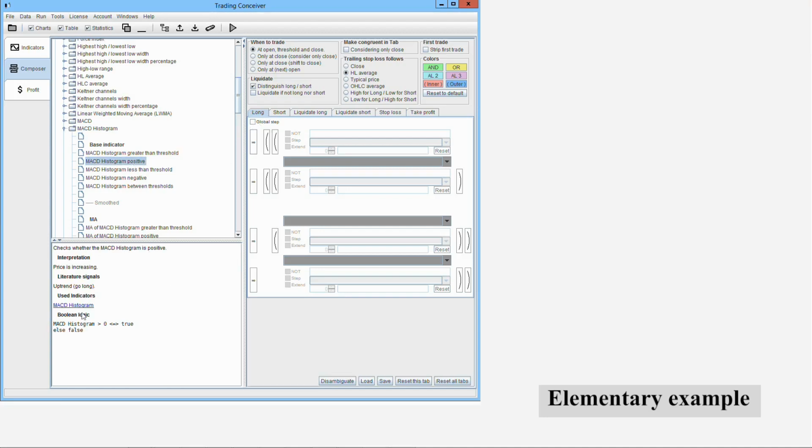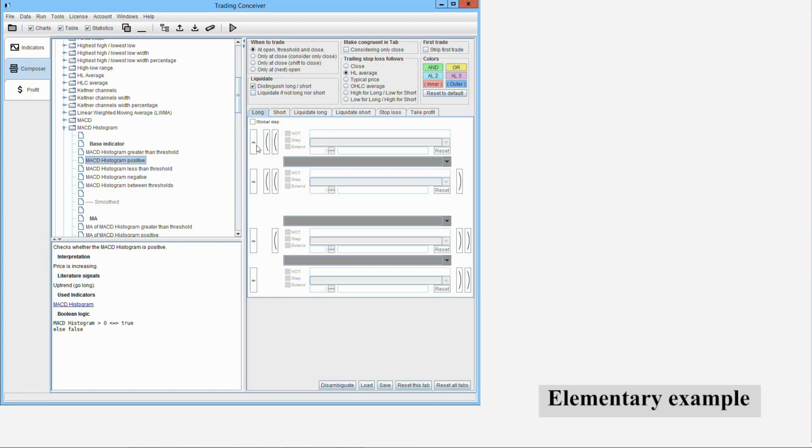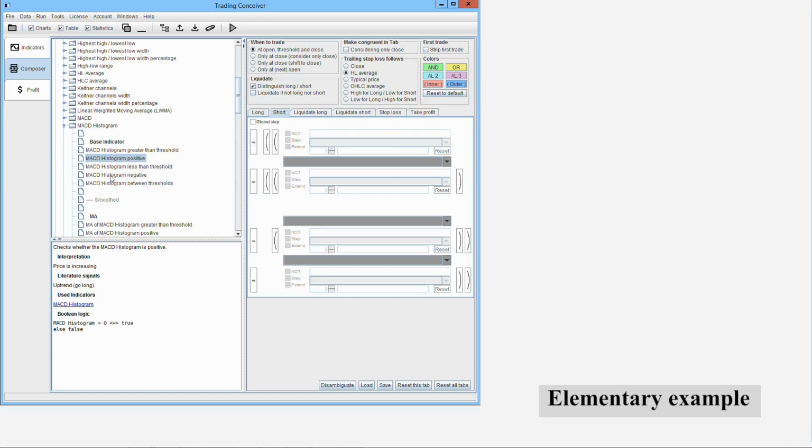In the description pane, we remind you what the literature says. A positive MACD histogram implies an uptrend, so go long. A confirmation to what we're doing. Put it in the first slot accepting the default values. Now in the Short tab, select the MACD histogram negative and put it in the first slot.